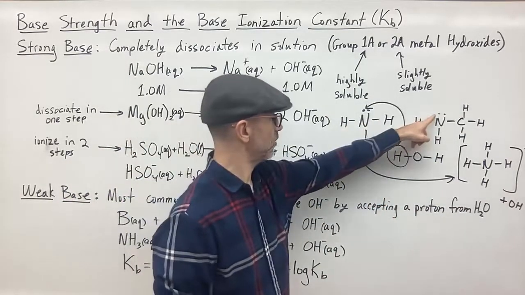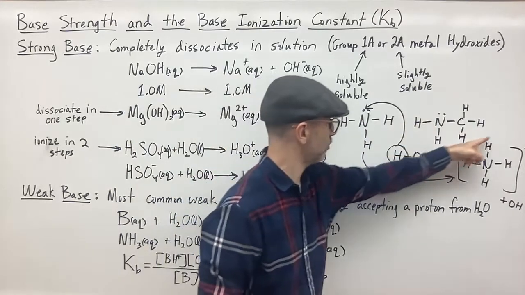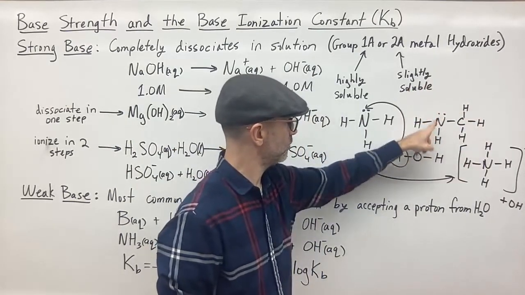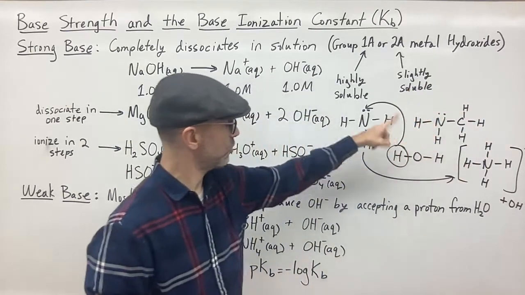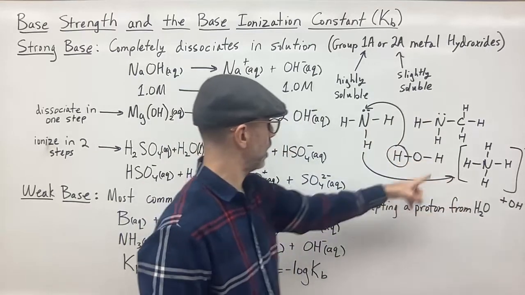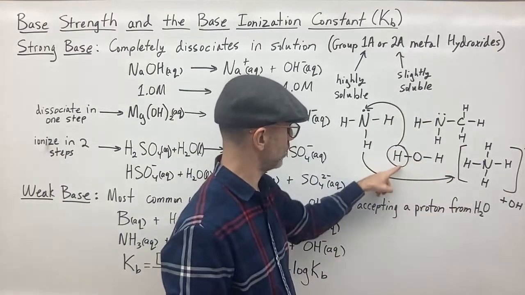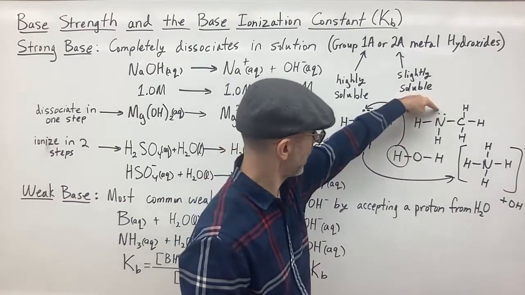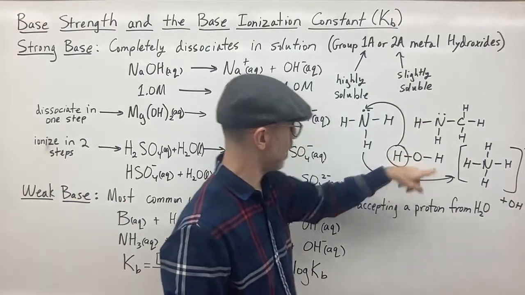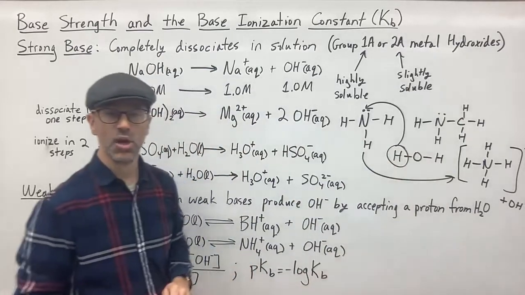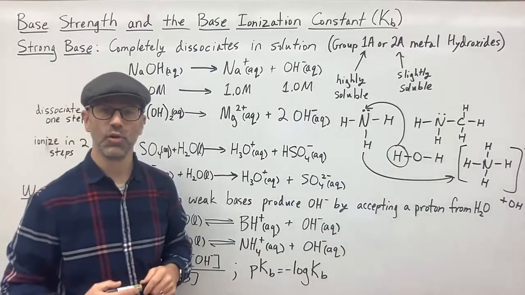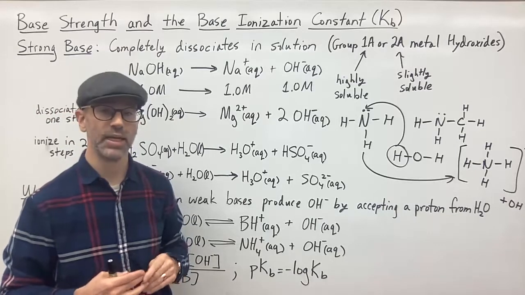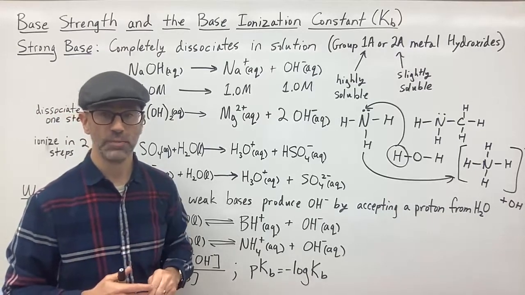So again, because of this lone pair here, this would act as a base, and so this lone pair would be attracted to the water molecule, the hydrogen. So the hydrogen would be attracted to the lone pair, and so it would attach there, leaving the OH minus behind. So typically your weak bases are going to be some nitrogen containing substance for the most part.